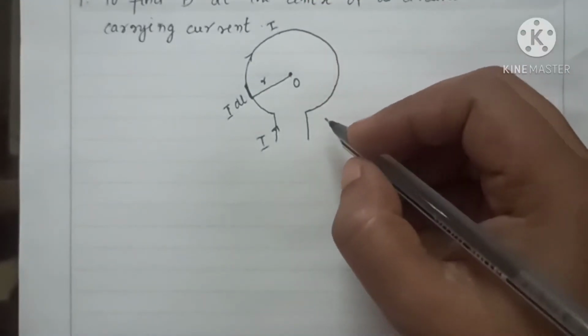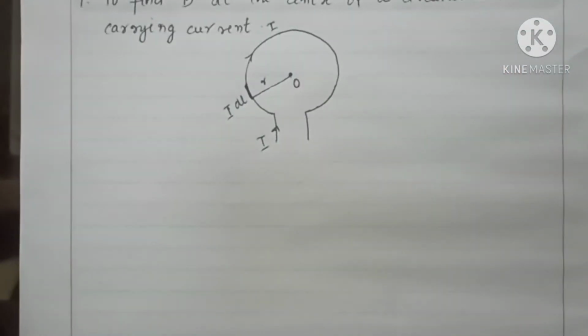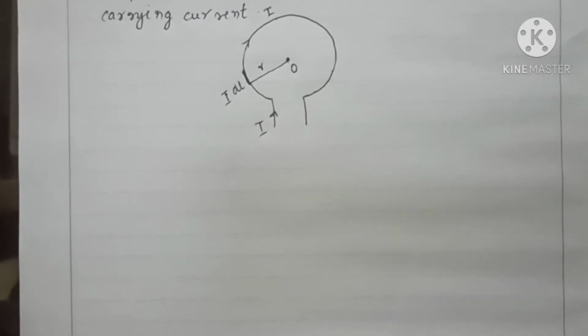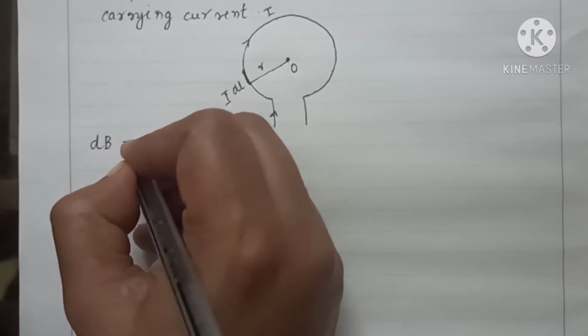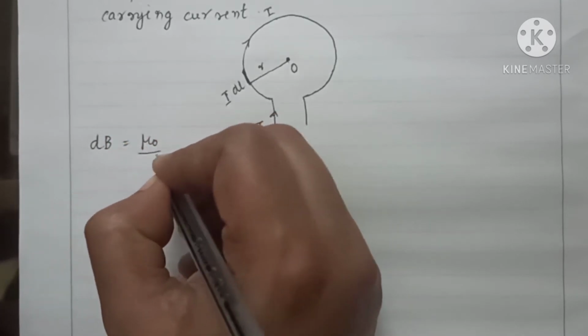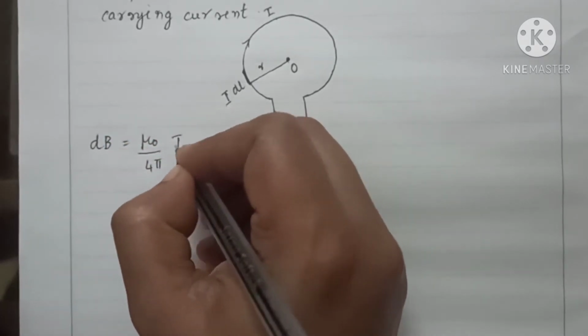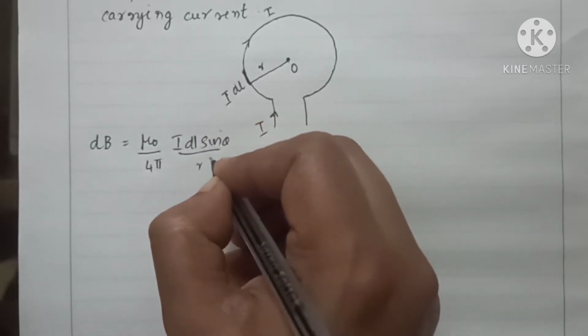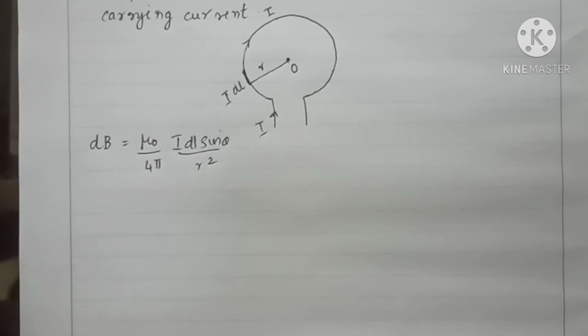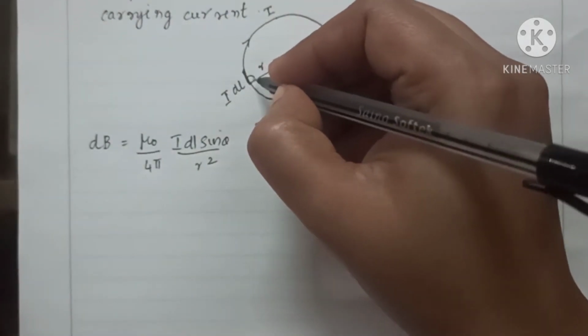Now we will apply Biot-Savart's law. That is, we have the expression, not in vector form but in symbol form, dB is equal to mu 0 by 4 pi I dl sin theta by r square. Right. So this is our angle theta.